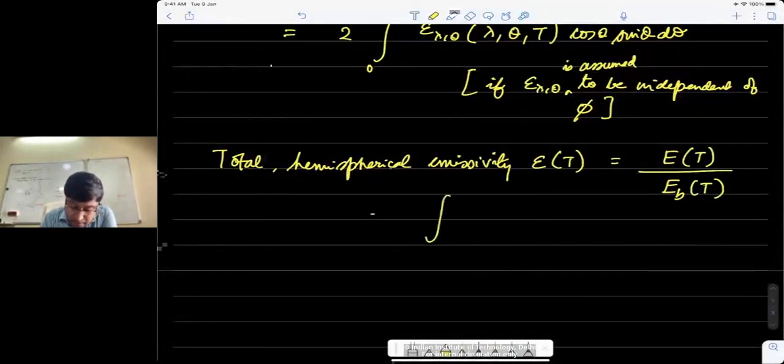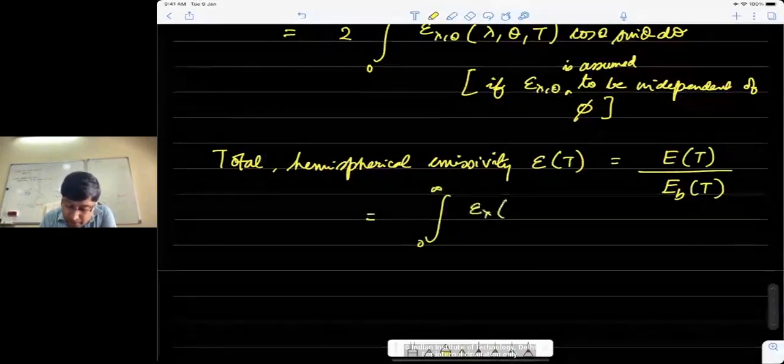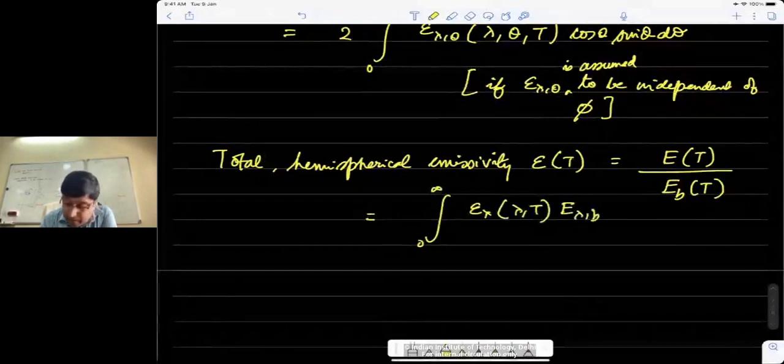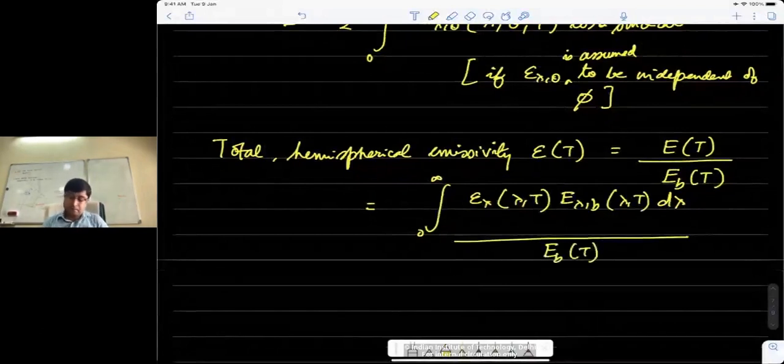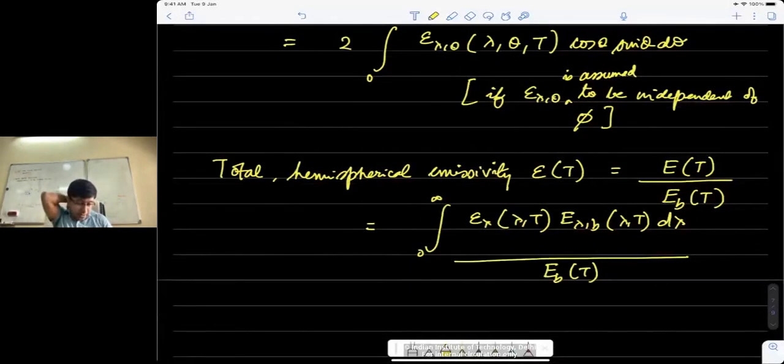So this becomes the integral 0 to infinity of epsilon lambda t, e lambda b lambda t, d lambda, divided by the total emission from a black body. So these are characteristics of a black body. Anyway, I'll stop here now.